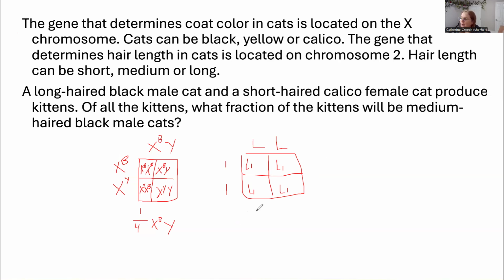That means that 100% of the kittens are going to be heterozygous, which equals medium fur. So all of our kittens are going to have medium fur, but only 1/4 of them are going to be black-furred males. So that means overall, the fraction of black-furred kittens is 1/4.